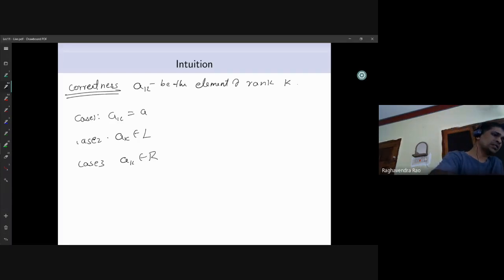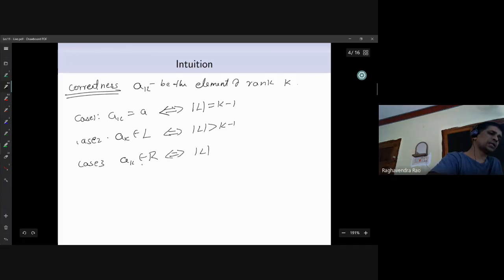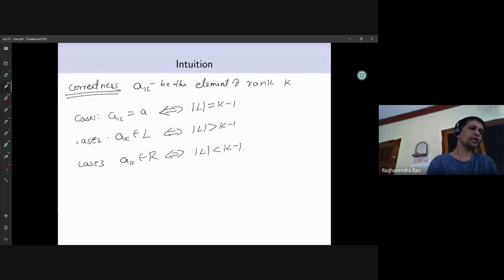Now, when is each case true? Case 1 is true if and only if the cardinality of L is k minus 1. Case 2 is true if and only if the cardinality of L is greater than k minus 1. Case 3 is true if and only if the cardinality of L is less than k minus 1. That is the number of elements in the left side of the array.